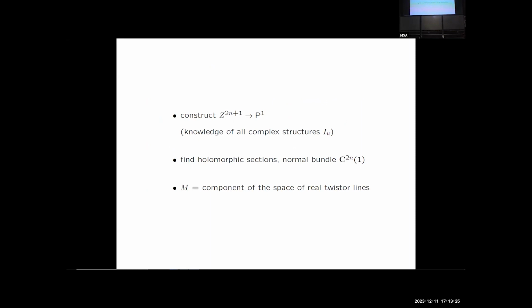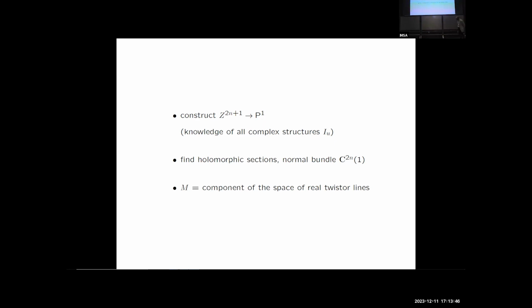So you want to construct the hyperkähler metric by using this method. First of all, you have to construct this twistor space. And that of course means that you need knowledge of all the complex structures parameterized by the two-sphere.